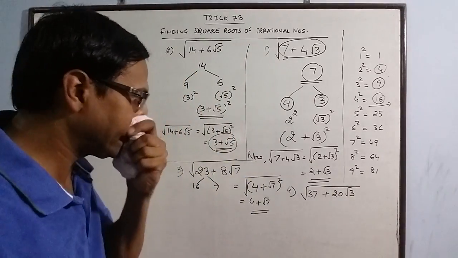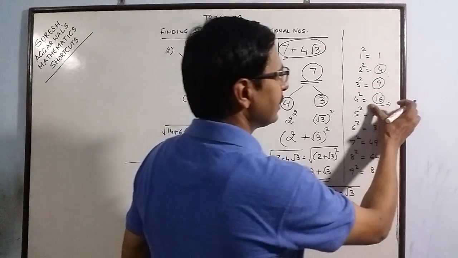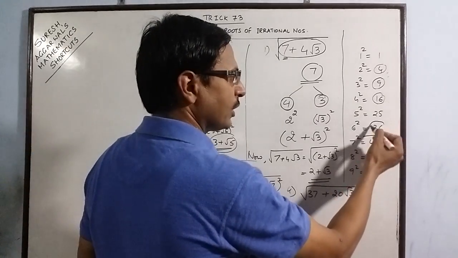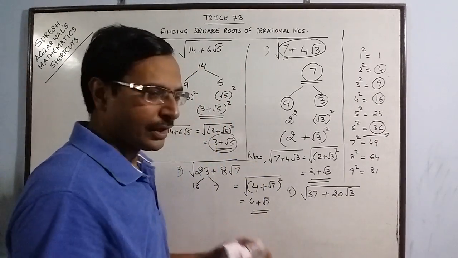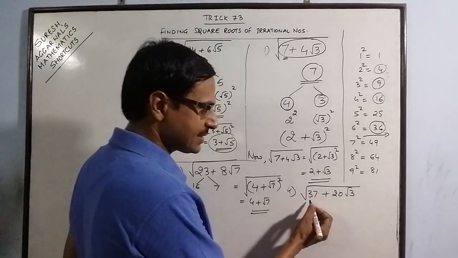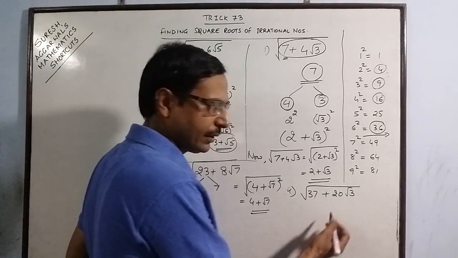Now let us reduce the steps further. 37 obviously lies here. The smaller perfect square is 36. So we divide it into two parts by taking 36 and 1.